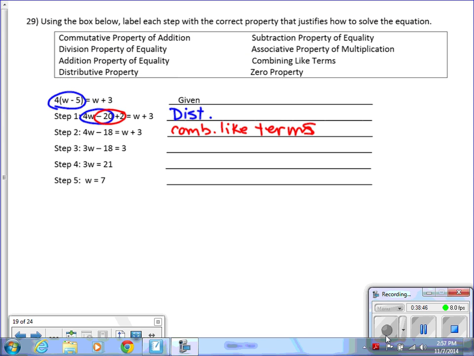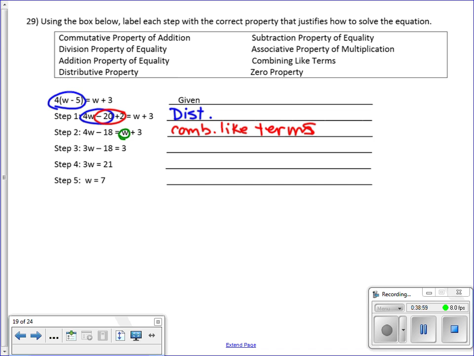Okay, sorry about that. All right, now from here to here, we're also combining like terms because we moved the W and we've got it now down with this. So that was also combining like terms.